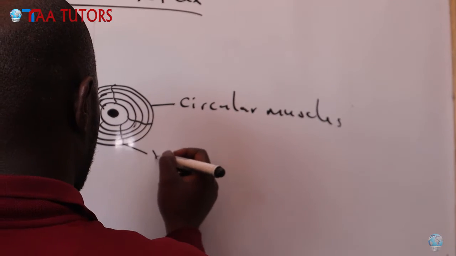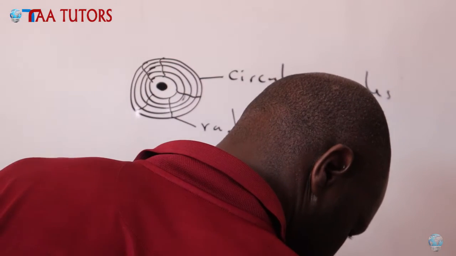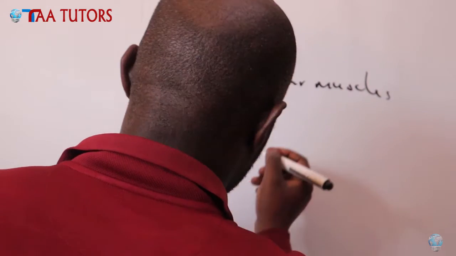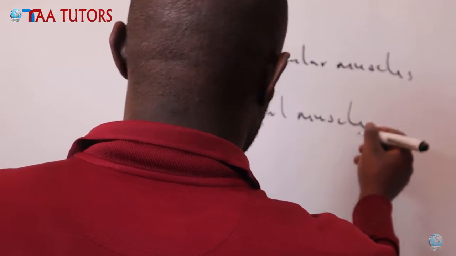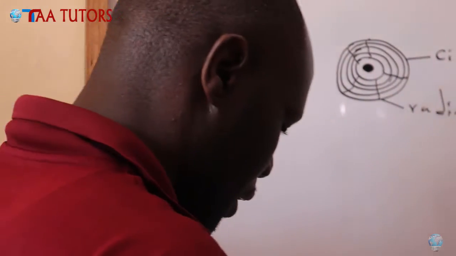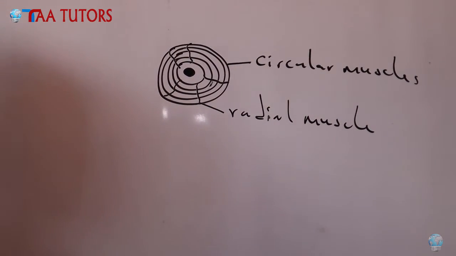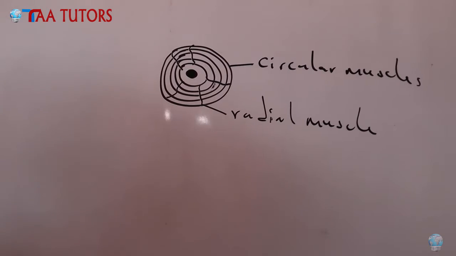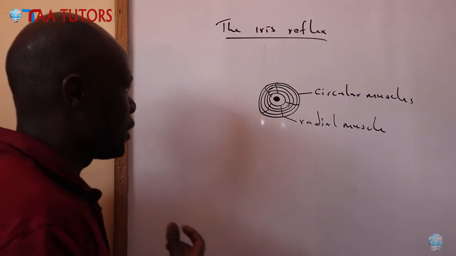We call them radial muscles. These two types of muscles help in controlling the size of the pupil, which at the end of the day controls the amount of light that reaches the retina so that the image is focused.